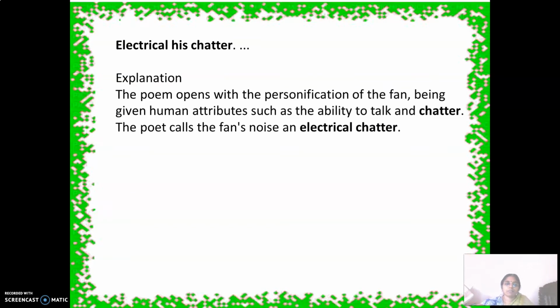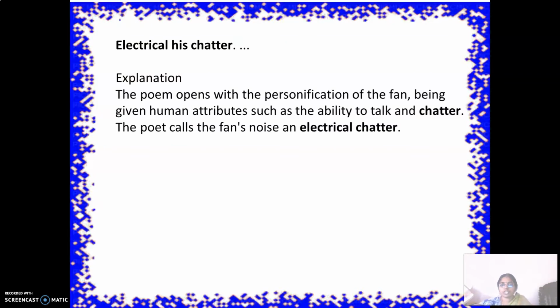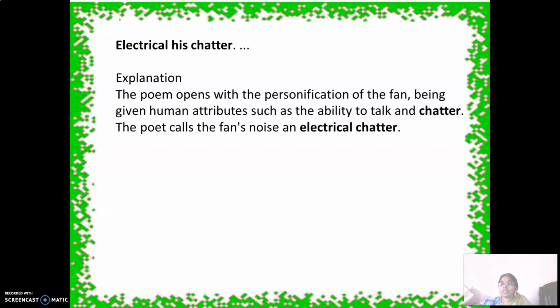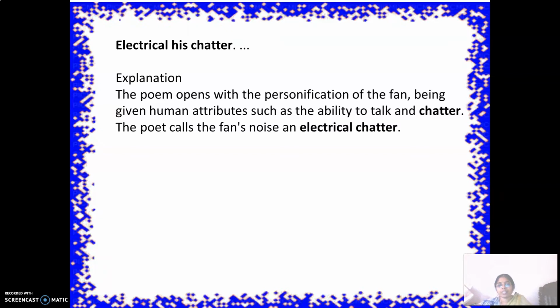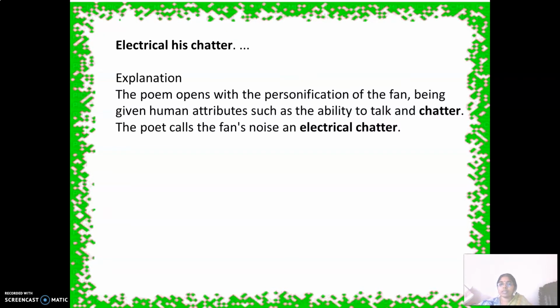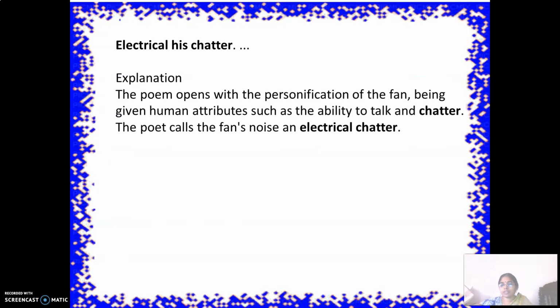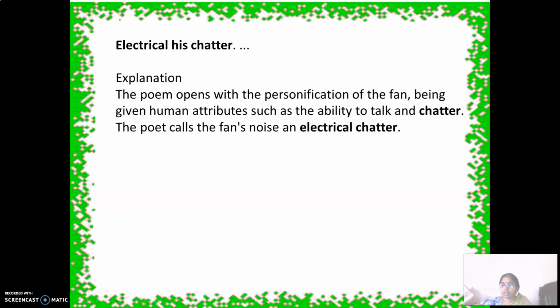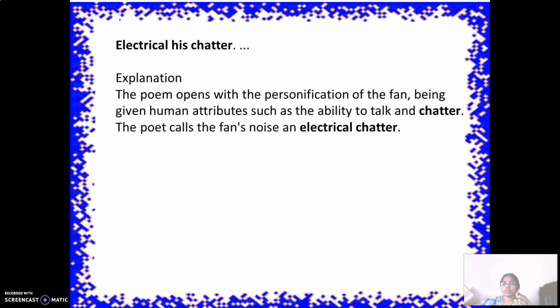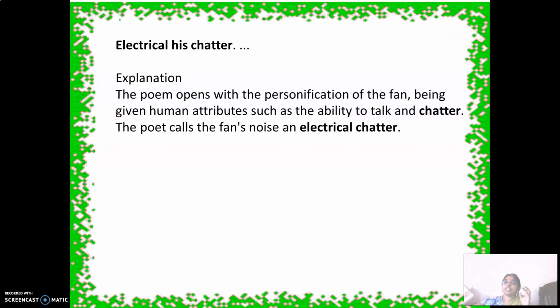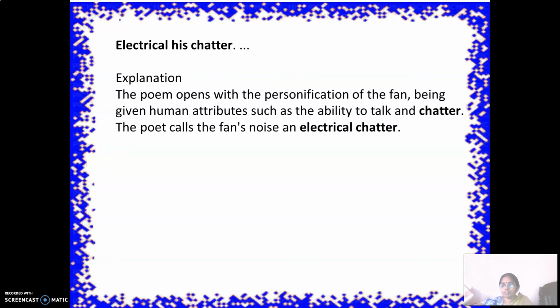Electrical his chatter. The poem opens with the personification of the fan being given a human attribute. So, what is the human attribute? Talking. Only humans can talk. Even animals are all talking, but we cannot understand. The same way here, the author is giving the human ability of talking to the fan.